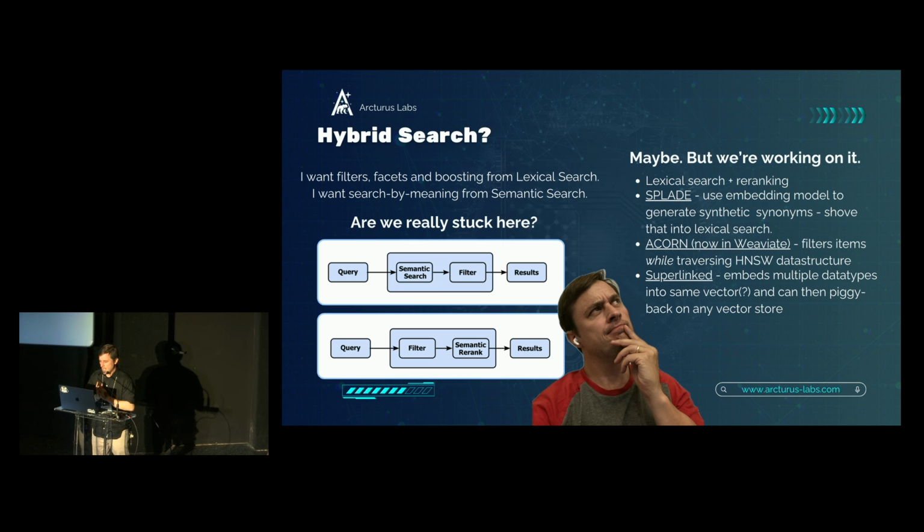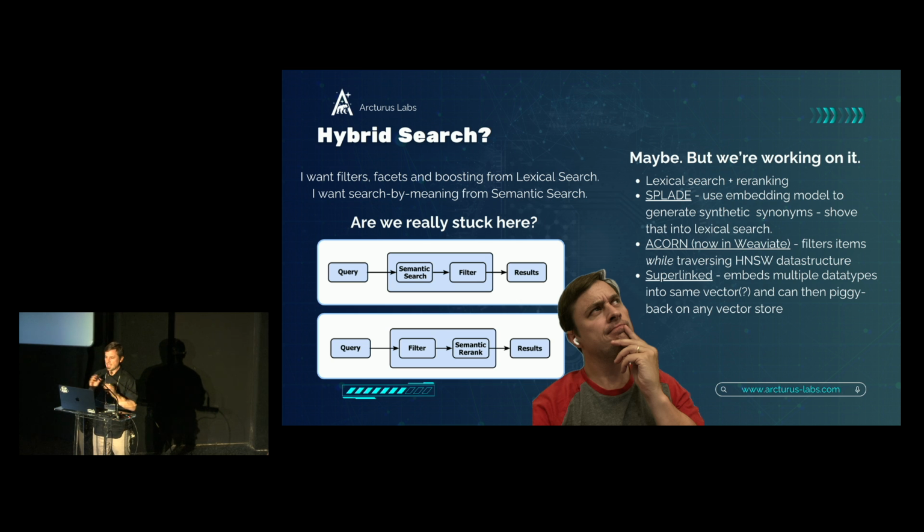Yeah, interesting. Somehow they are piggybacking off of whatever vector store you want. So they're using the mechanisms to do nearest neighbor search that already exist out there, but in the embedding vector, they're somehow embedding multiple data types and sort of multiple pseudo fields into the embedding.